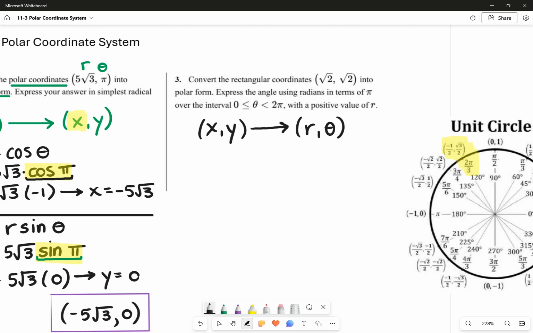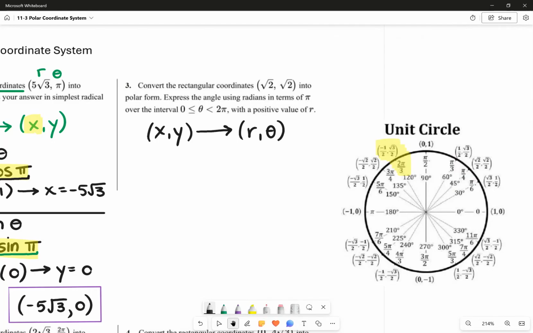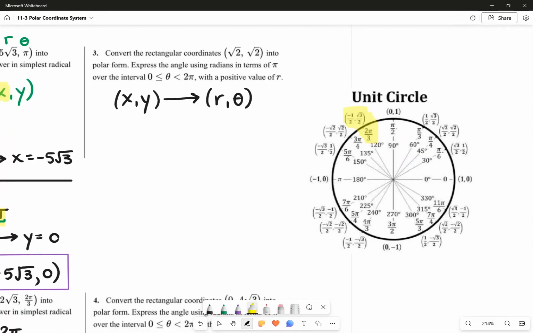And just like in the previous problem, the first thing I want you to do is find your r. So what is my formula for r? Well, r squared equals x squared plus y squared. And this was given to be my x and y.